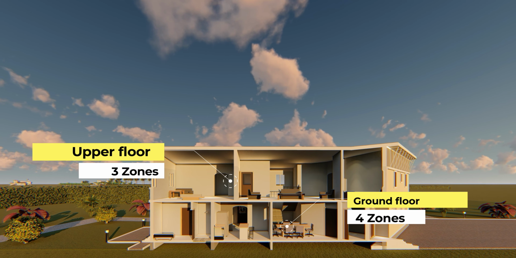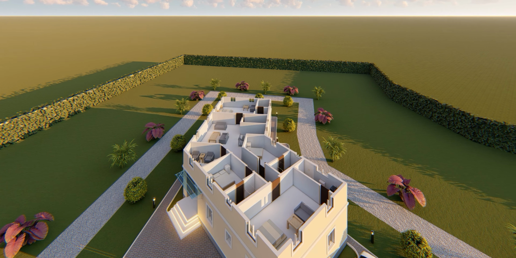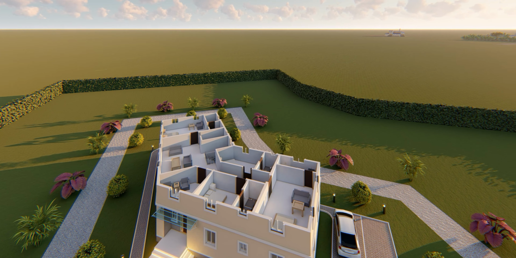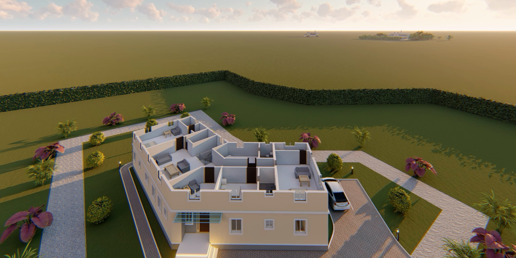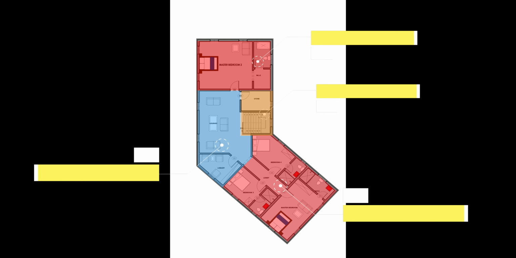Okay, the upper floor has 3 zones. The servant zone is excluded on the upper floor. The living zones are on the flanks of the meeting zone.